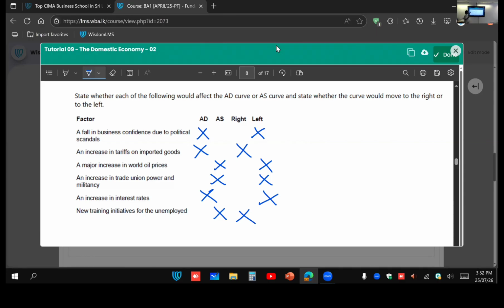So when the confidence falls due to the political scandals, business confidence falls, that affects what? Then aggregate demand will reduce. Clear? Business confidence means we don't have confidence that this business will give us the output in the near future.